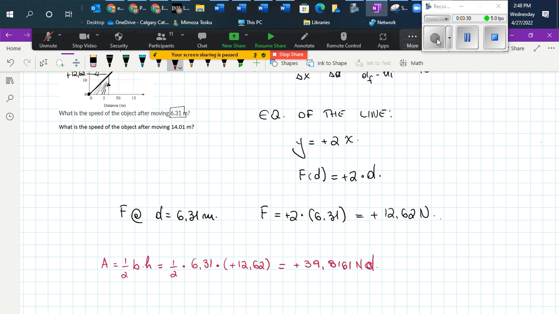And force times displacement, which is the area under the graph, is equal to the work from physics 20.